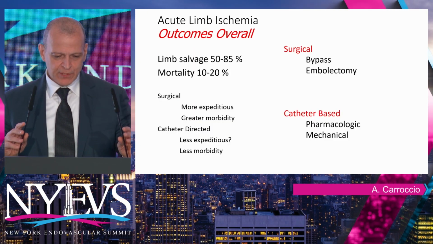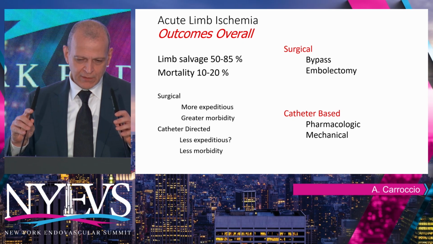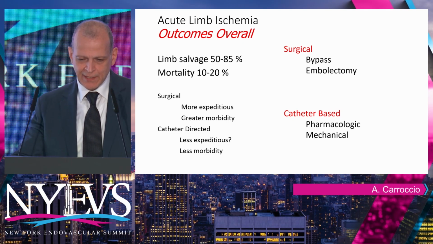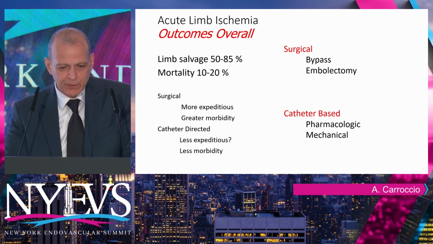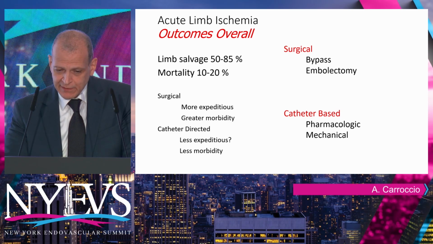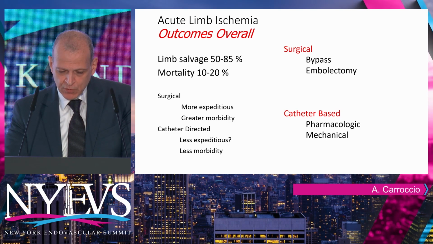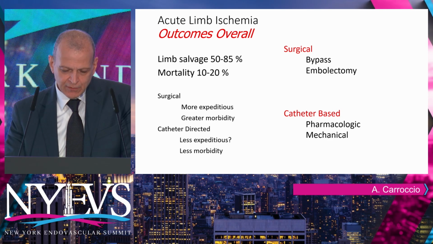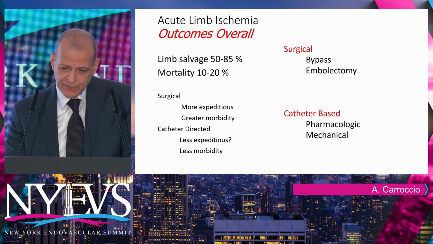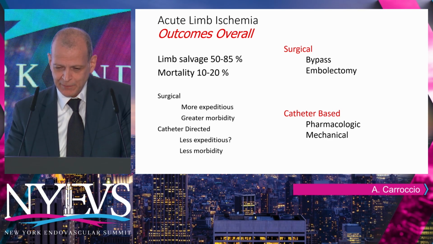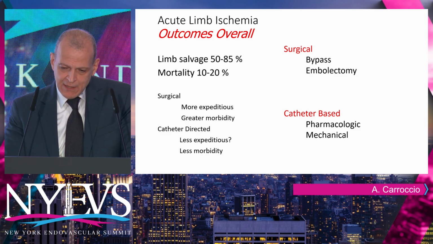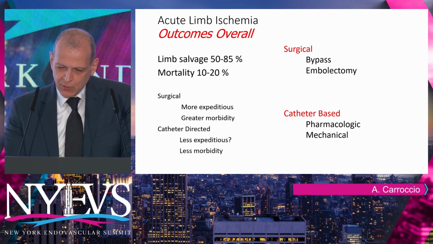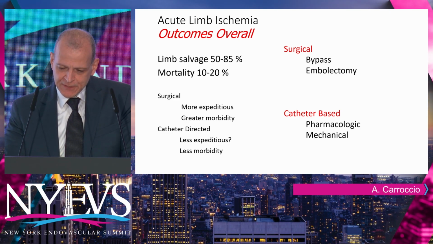So why all this fanfare? Because you're talking about an acute situation where the risk of limb loss is high, over 50% in an acute limb ischemia, with a mortality rate that's extending up to 20%. So you have to consider your options, surgical versus catheter-based. Surgical, the most simple form, is if there's just clot or thrombus there and no underlying pathology, you do an embolectomy. But if embolectomy alone is not an option, you always have the surgical options.